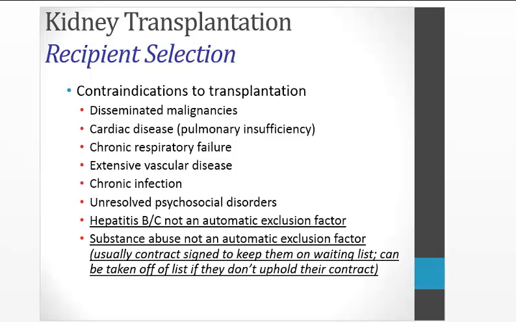Usually the patient will have to go through a screening process, and usually a contract is signed to keep them on a waiting list, and so long as they are showing that their drug screen is clear and that sort of thing, they can stay on that waiting list. But if they should happen to break their contract, they are taken off the list if they don't uphold their portion of the contract.